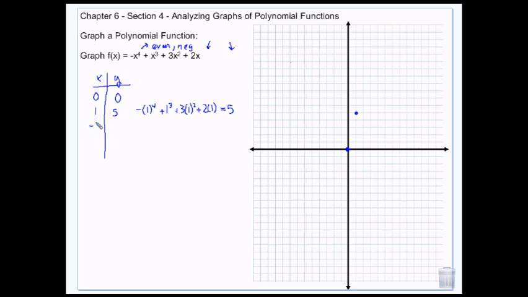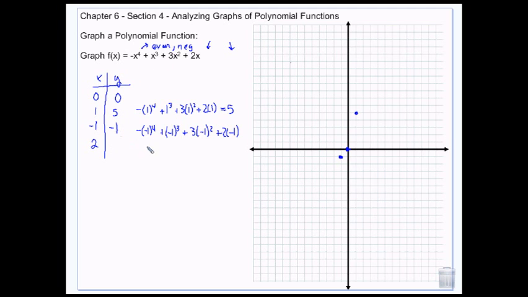And then I'll go negative 1. So this is negative 1 minus 1, that's negative 2, plus 3, that's positive 1, minus 2 is negative 1. So negative 1, negative 1.